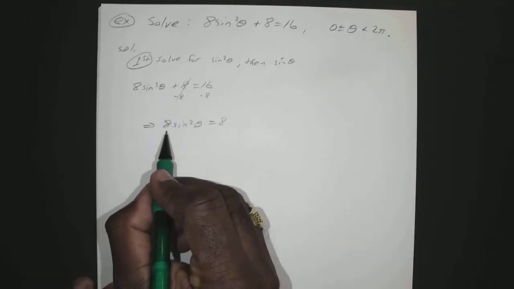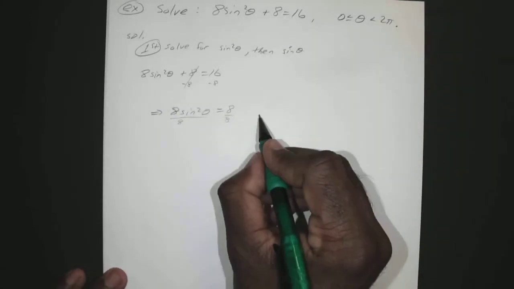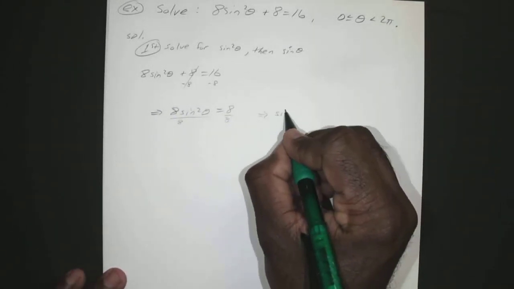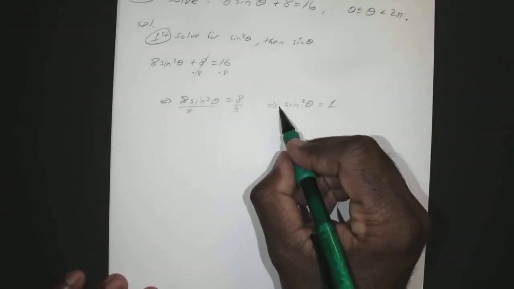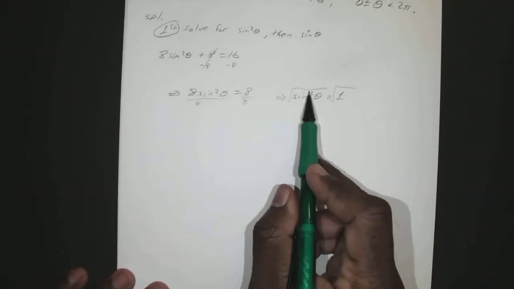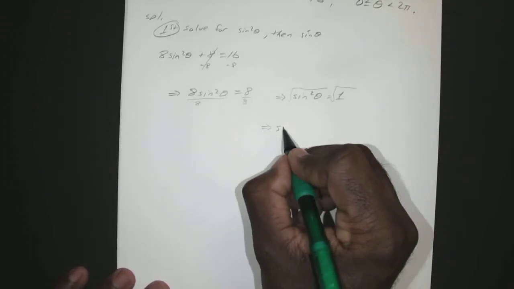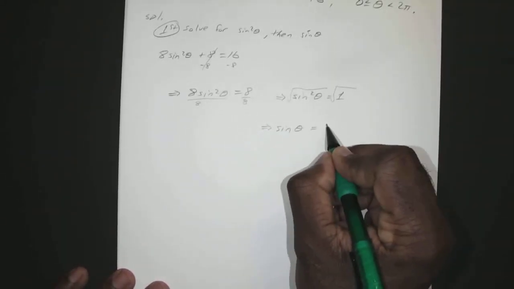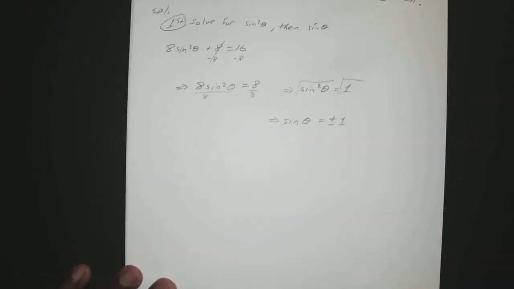If we divide both sides by 8, sine squared theta equals 1. So if we square root both sides, the square and the square root cancel each other out. So we have sine of theta equals plus or minus the square root of 1, or plus or minus 1.